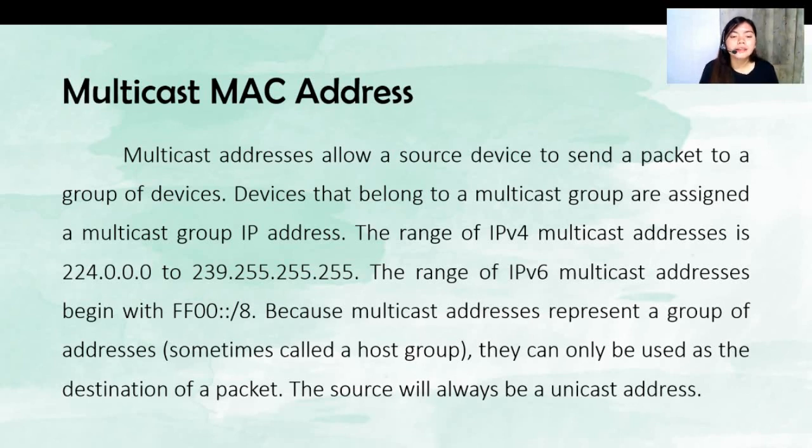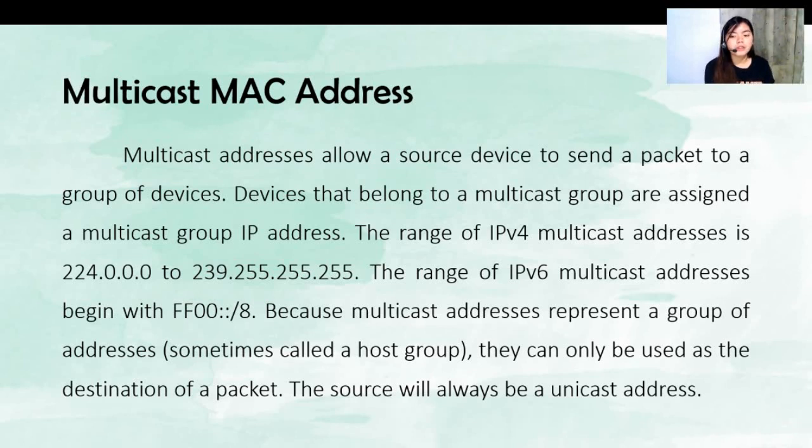Multicast MAC address. Multicast MAC addresses allow a source device to send a packet to a group of devices. Devices that belong to a multicast group are assigned a multicast group IP address. The range of IPv4 multicast addresses is 224.0.0.0 to 239.255.255.255.